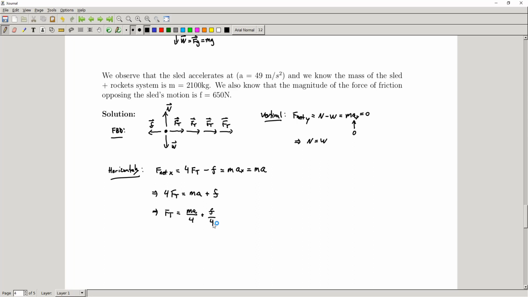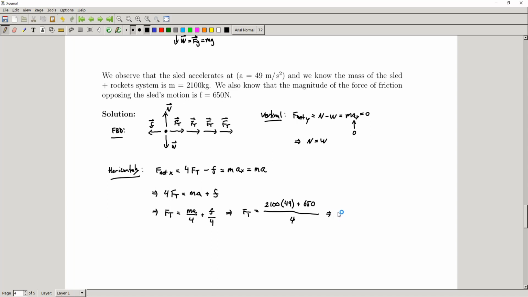So I have some numbers here written down. Let me see if I can find them. Yes, okay. So this is going to tell us that Ft is equal to the mass, 2,100 kilograms, times the acceleration, 49 meters per second squared, plus our force of friction opposing our motion, which is 650 newtons, over 4.